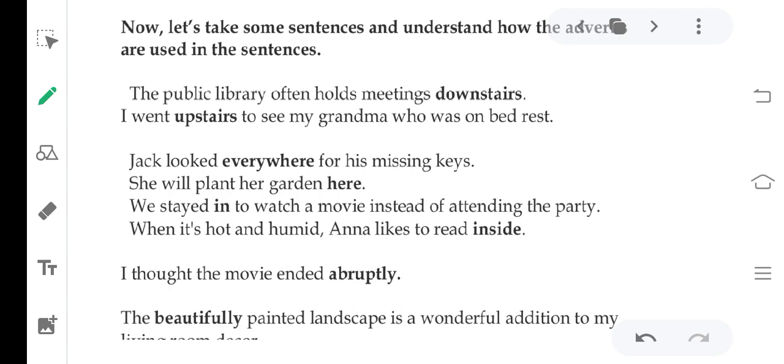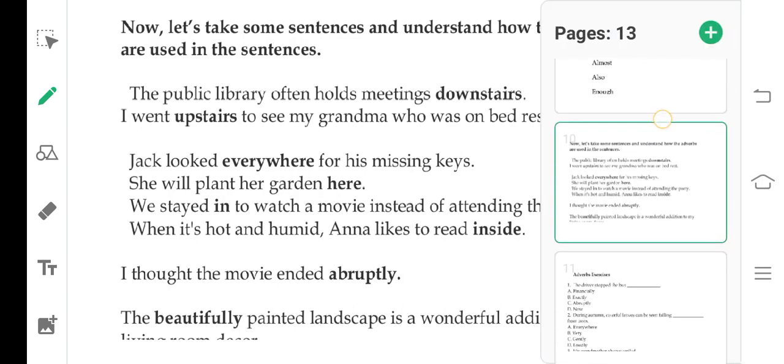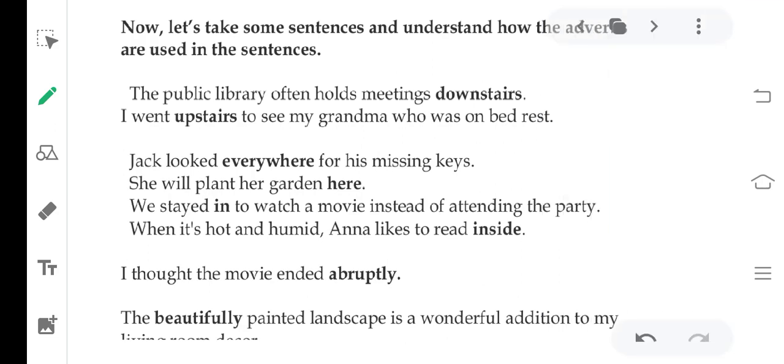The beautifully painted landscape is a wonderful addition to my living room decoration, isn't it?